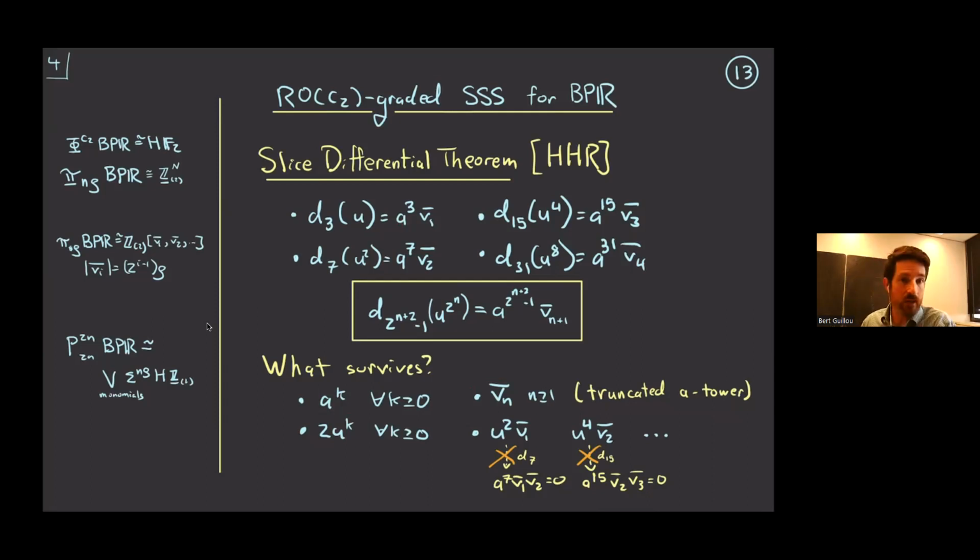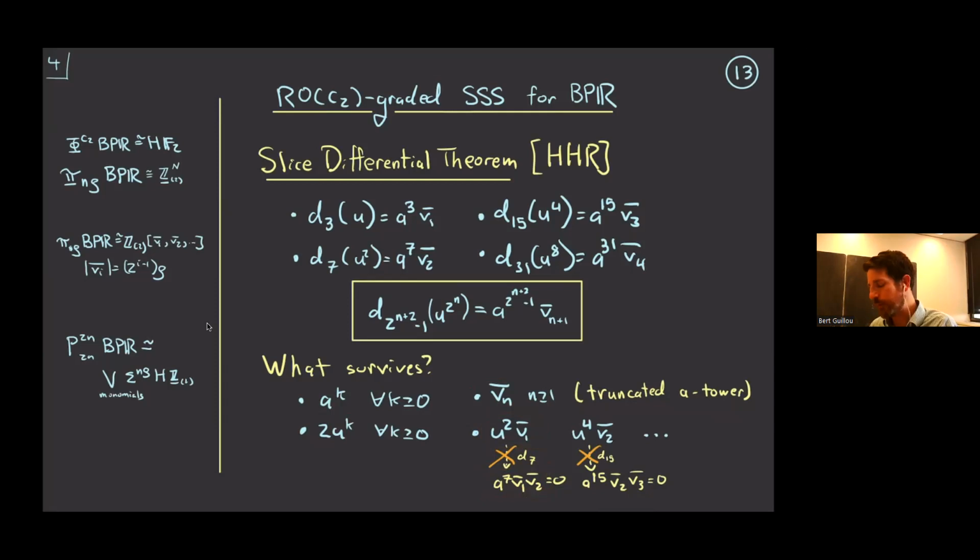But then there are some other classes that survive as well. For instance, U squared V1, why does that survive? Well, this is a class that wanted to support a D7 differential that would have hit A to the 7 V1, V2. But this class was already killed on the E3 page, because there was a D3 differential hitting A cubed V1.